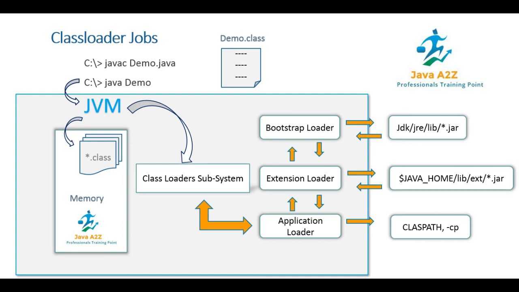There are two options here: either demo.class is found or not. If demo.class is not found, it will respond to the class loader subsystem that we don't have this specific class in this location, and the classpath is not able to provide this location, so you have to respond to the end user. A ClassNotFoundException will be thrown by the JVM to the end user.